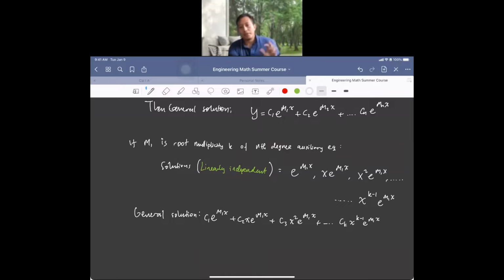So for the higher order, we will restrict our case to having real solutions, distinct roots, and having multiplicity.